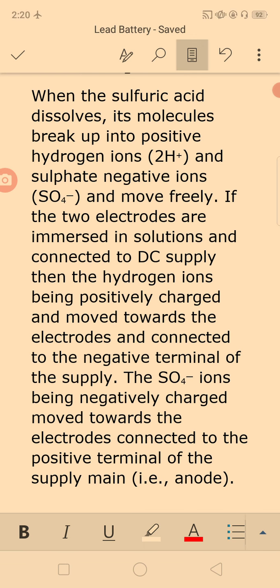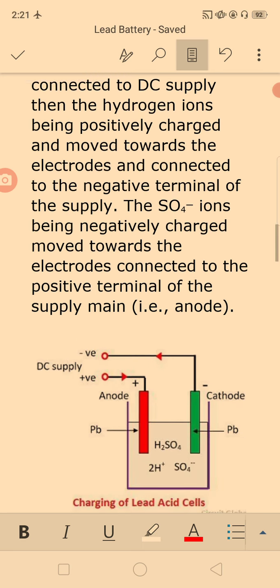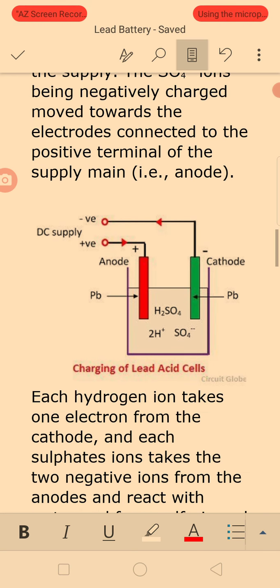The sulfate ion, being negatively charged, moves toward the electrode connected to the positive terminal, as shown clearly in the diagram.